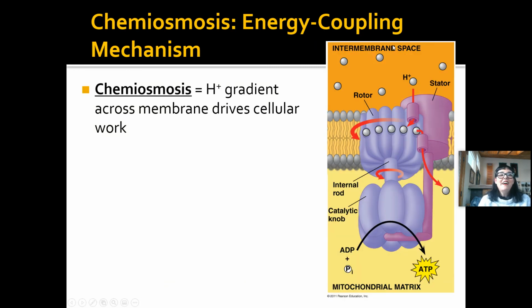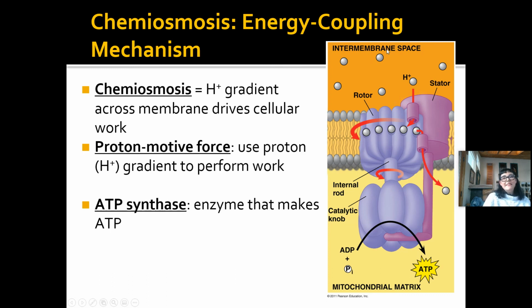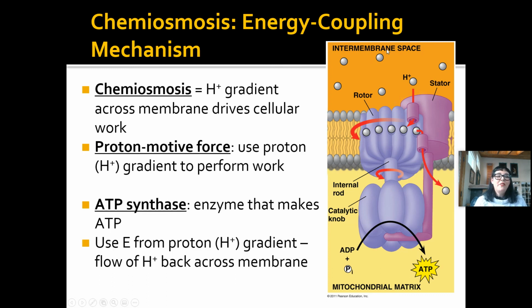Okay. So again, chemiosmosis works with ATP synthase. It works with the redox reactions in the electron transport chain. So this is showing the picture of it, and it's really cool. It looks like something that engineers would have designed.